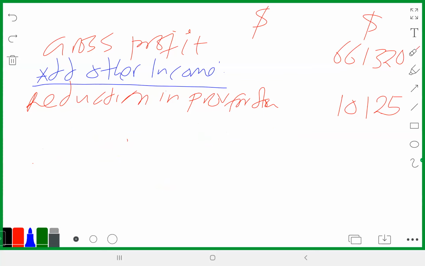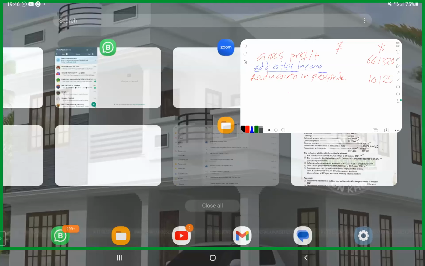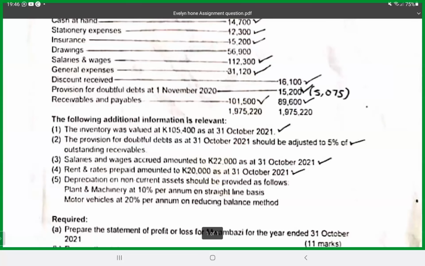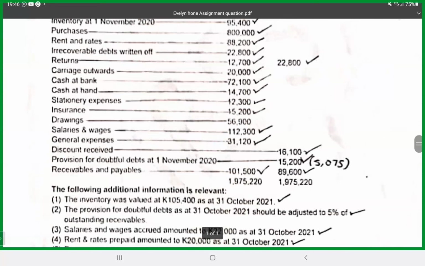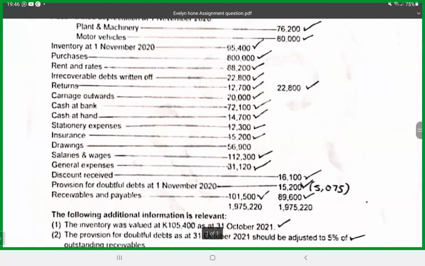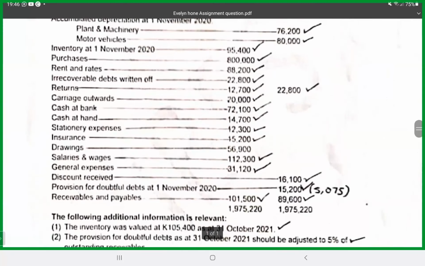Yes, sir. Let's look at other income. Do we have any other additional income? You can just look. We have discount received, and how much is it? 16,100.